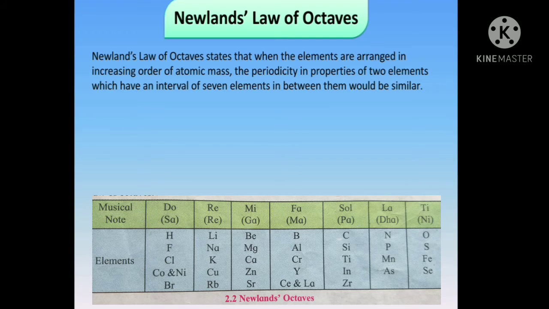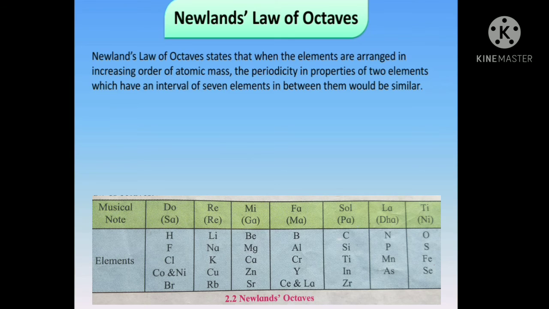In the Indian music system, there are 7 main notes, namely Sa, Re, Ga, Ma, Pa, Dha, Ni, and their collection is called Saptak. The frequency of the notes goes on increasing from Sa to Ni.